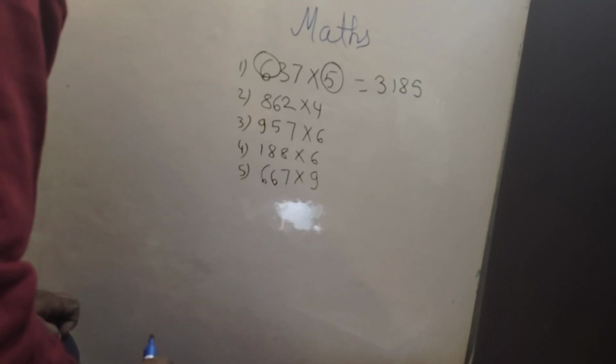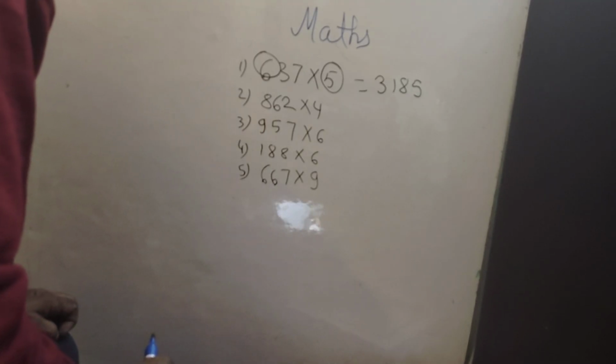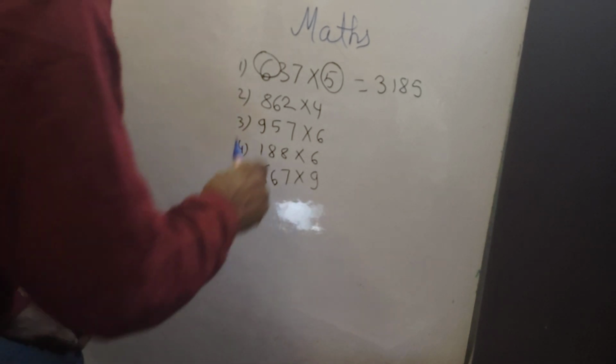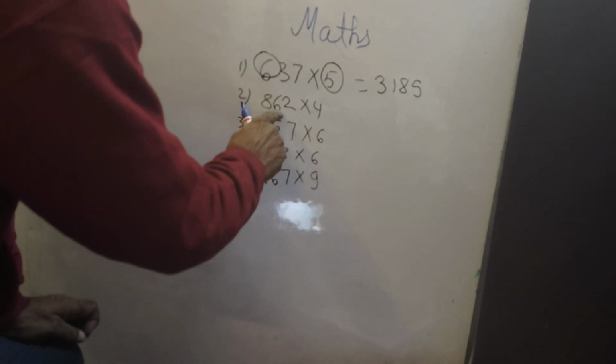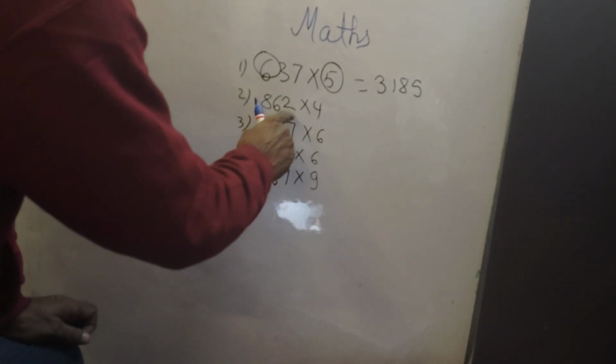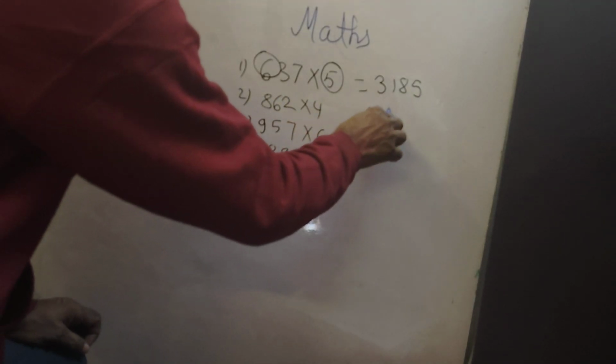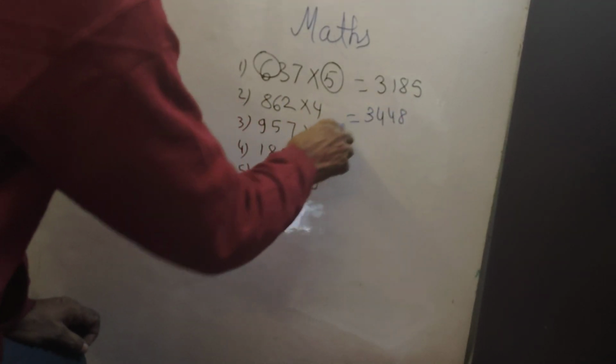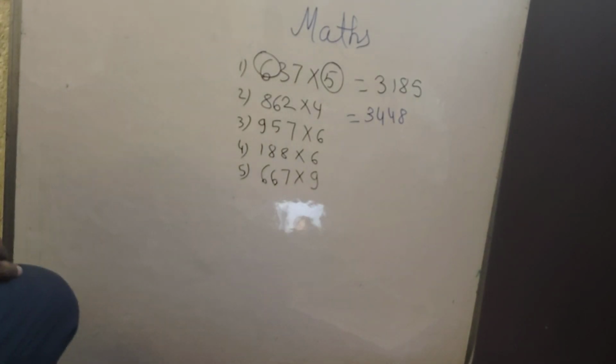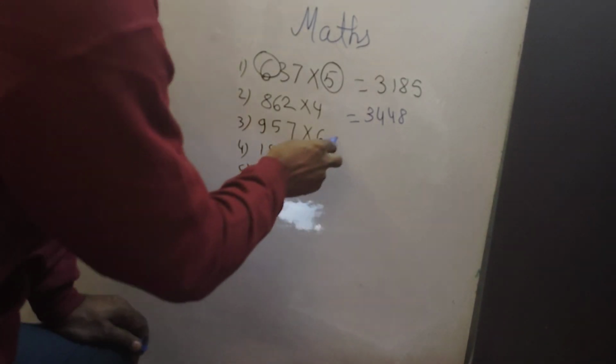So what we get? 3200 plus 240 is 3440. 3440 plus 4 times 2, so it is 8. So in this way, this is the Vedic maths we can use to multiply.